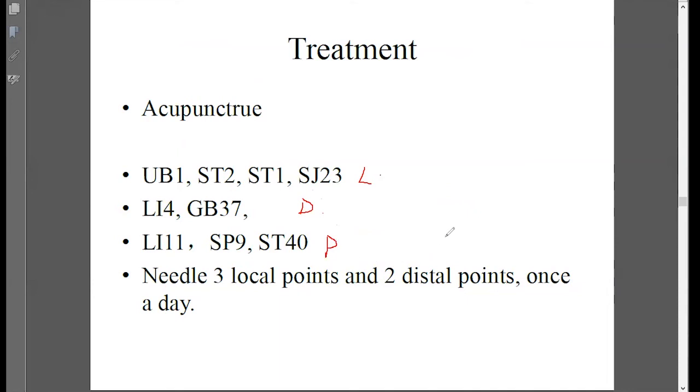Because it's a heat pattern, we must use some points specially working to clear heat, and some other points especially working to remove dampness or dry dampness. So that's for the damp heat pattern.